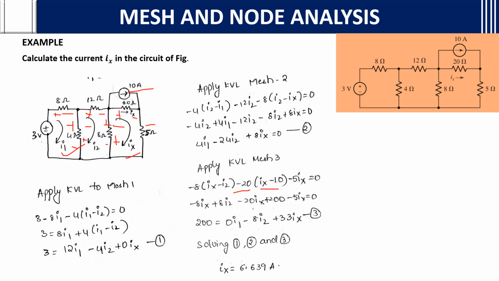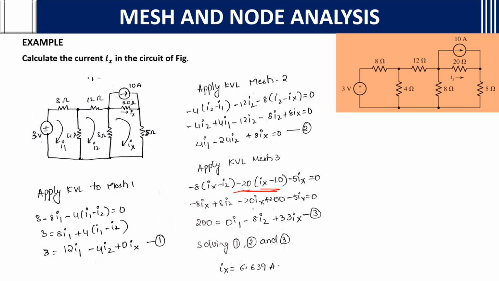Then plus minus 5 Ix equals 0. As the current 10 amperes is also flowing through this resistor in the opposite way, you take Ix minus 10. The same way as we consider for the meshes, the other current is also passing through the 20 ohms, so you need to take 20 into (Ix minus 10). After taking it, you will get the third equation also.